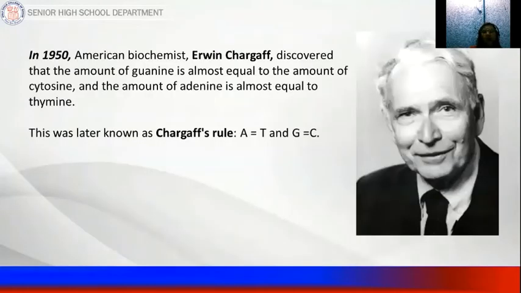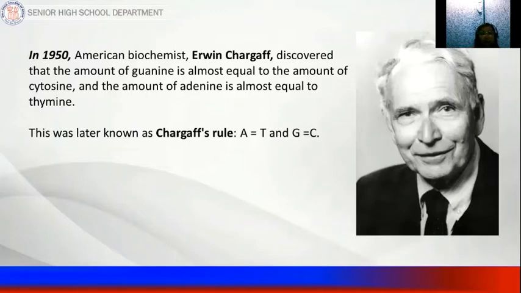Okay, so in 1950, American biochemist Erwin Chargaff discovered that the amount of guanine is equal to the amount of cytosine, and the amount of adenine is almost equal to thymine. So if you still remember your biology subjects from your lower years, when you were in, I think, 7th grade, you were able to know that in DNA, we have adenine, guanine, thymine, cytosine.